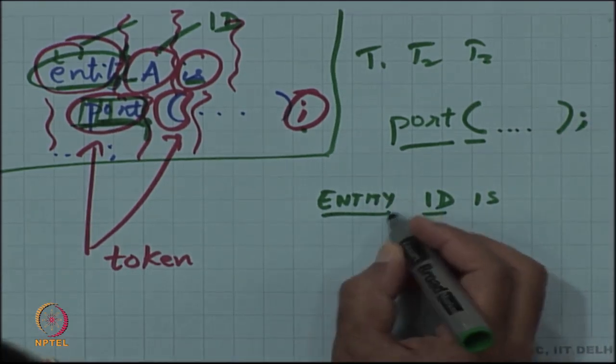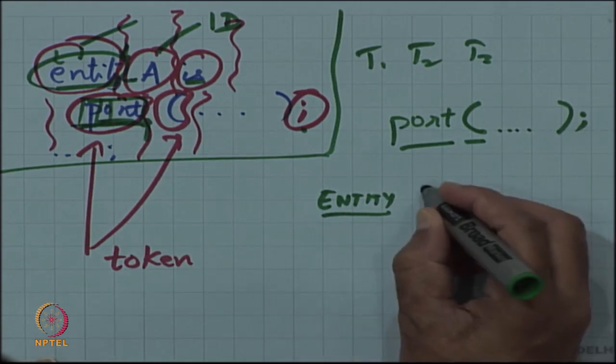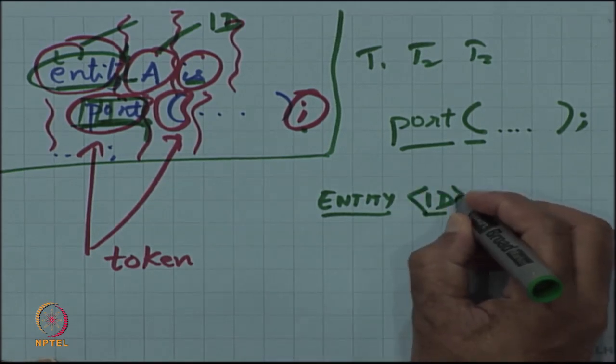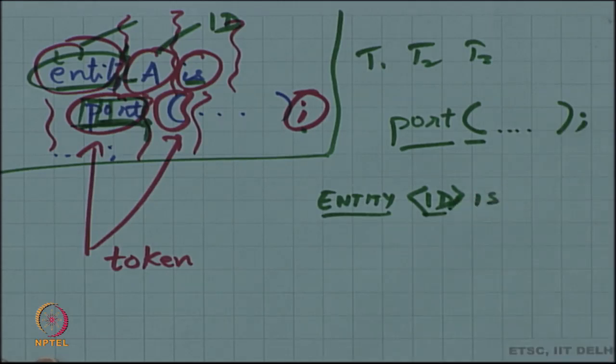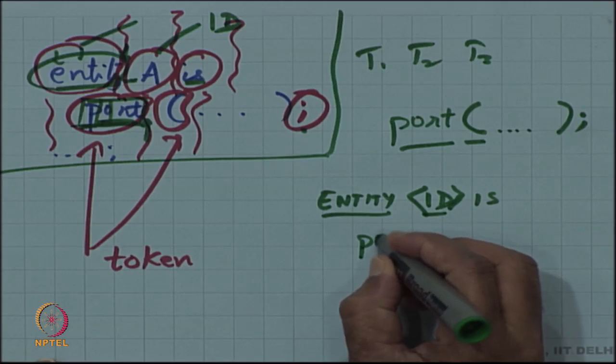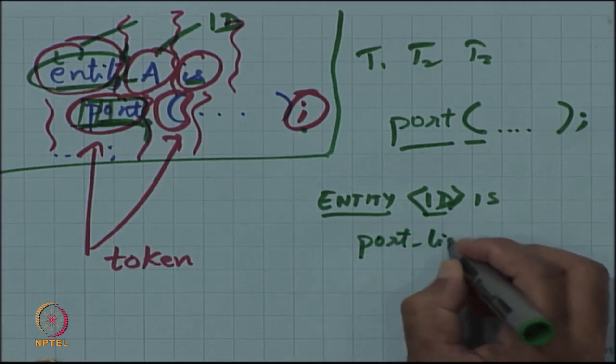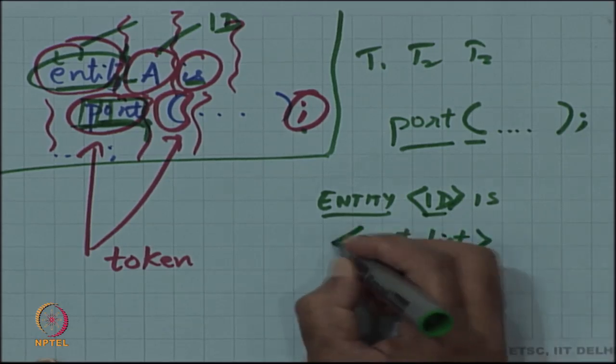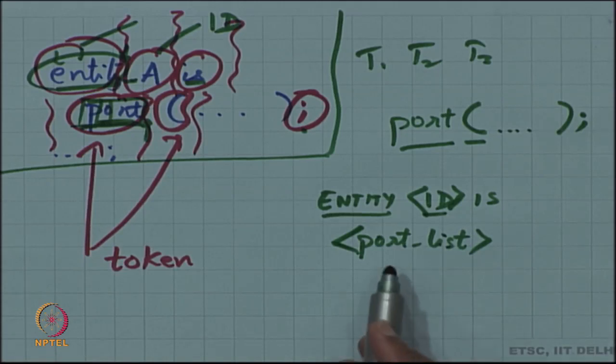Let me just call it a port list. I will call this an identifier. I will say that this should be followed by a port list. Let me just call this that list of ports that could be of variable length.